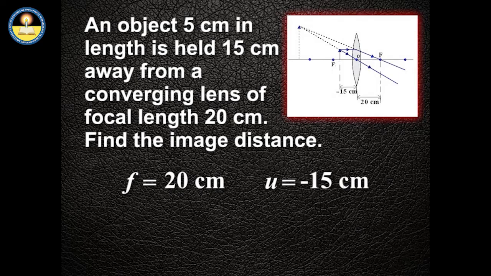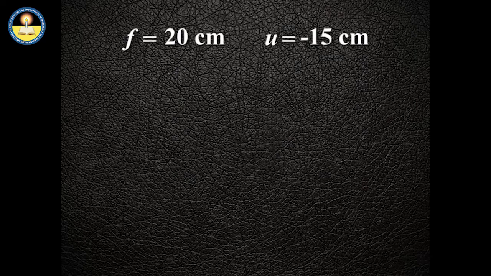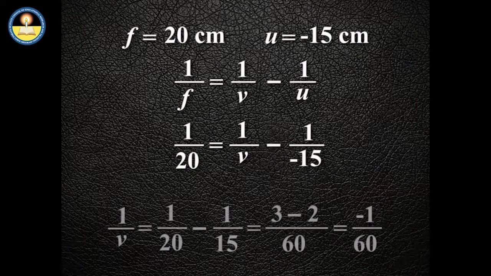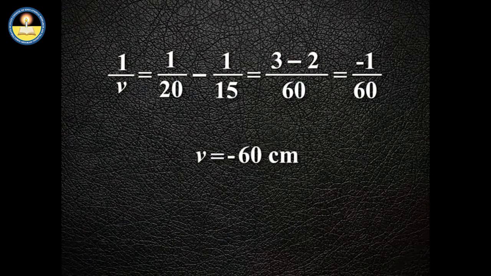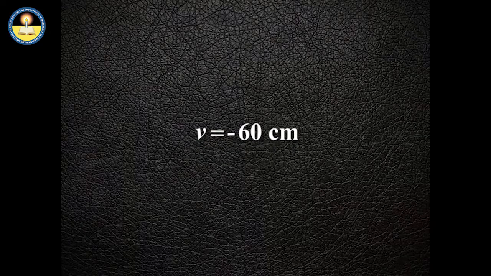Here the object distance is minus 15 centimeters. By using the lens formula, the image distance comes out to be minus 60 centimeters. Here, the negative sign shows that a virtual image is formed at a distance of 60 centimeters away from the lens.